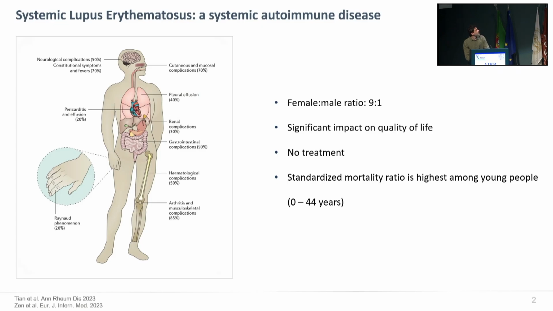So systemic lupus erythematosus, or SLE, is a systemic autoimmune disease, meaning it affects a broad range of organs. It typically affects young women, and there's currently no cure for that disease.